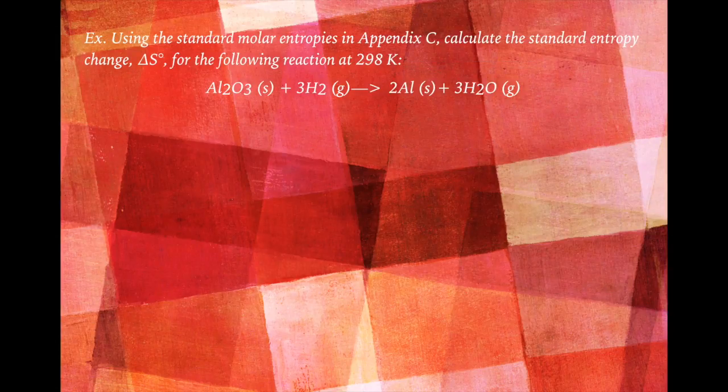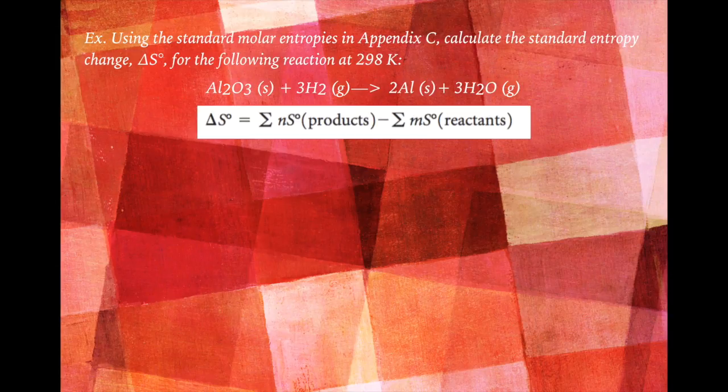So we're going to look at this example problem right here. You're going to calculate your standard entropy change. And so we have this reaction, and I'm going to use this formula. I know I'm going to look up in the appendix the standard entropy of aluminum, and it's 28.32, and I'm going to multiply that by its coefficient, which is 2, and I'm going to add to that 3 times the standard molar entropy of water, which is 188.83.